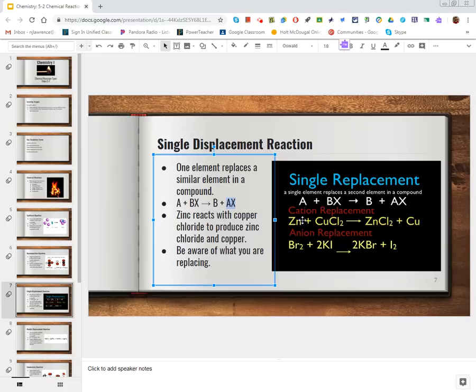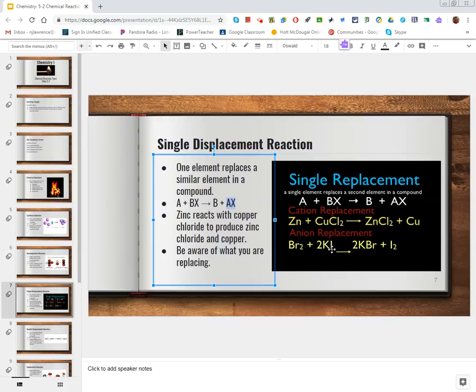Now notice here, you can have either anions or cations taking place in a single displacement reaction. So when we have our individual elements by itself, you have to think back to what kind of anion or cation they would form. Zinc, when it goes into a compound, becomes positively charged. So it is going to replace the positively charged copper here. Bromine, when it goes into a compound, is going to be negatively charged.